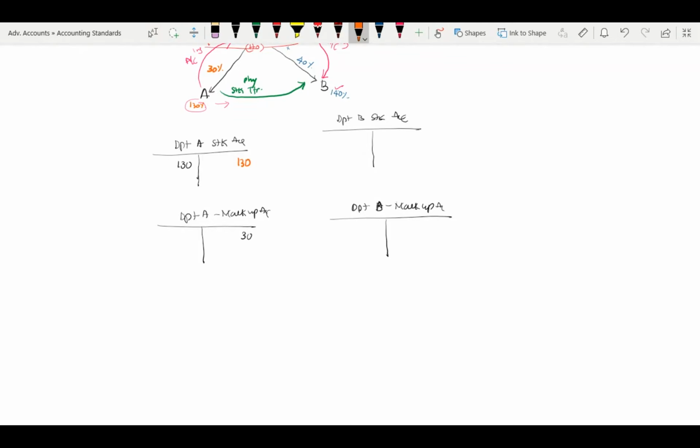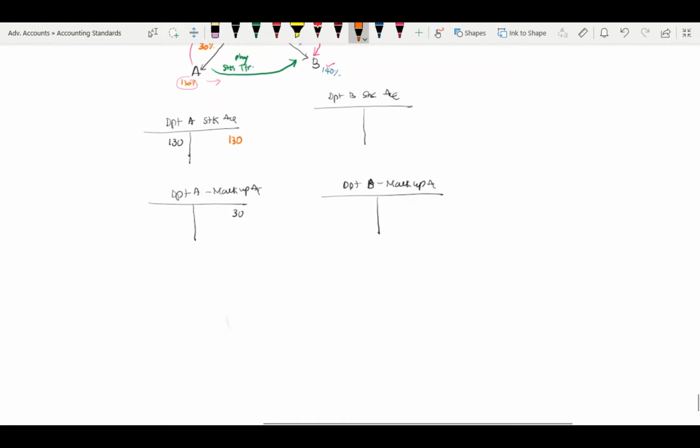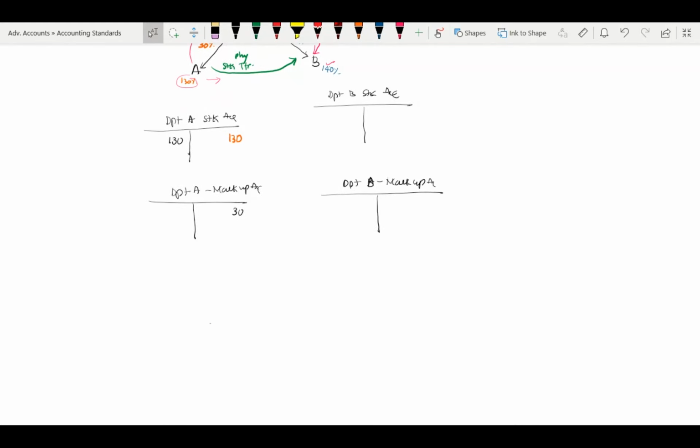That is the stock I have to remove at its markup. So the entry in department A is the transferring department stock account at its markup, and the entry amount is 130.